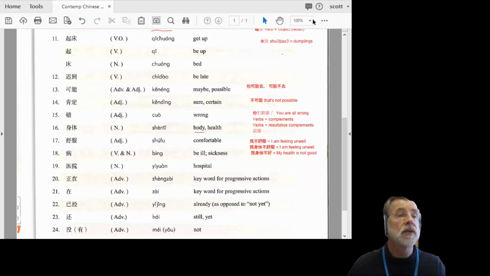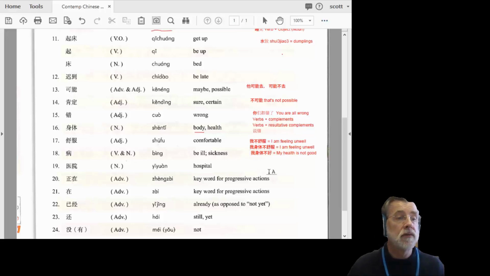Then if we go down to the next word, to be ill or sickness. This word 病 is both a verb, to be ill, and also a noun, sickness. So for example, you could say something like 我病了.